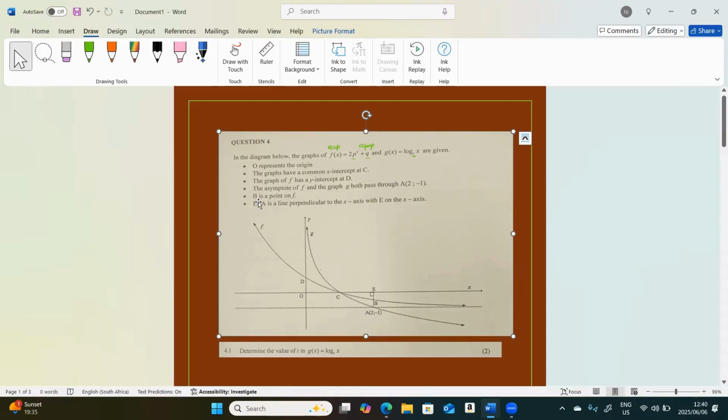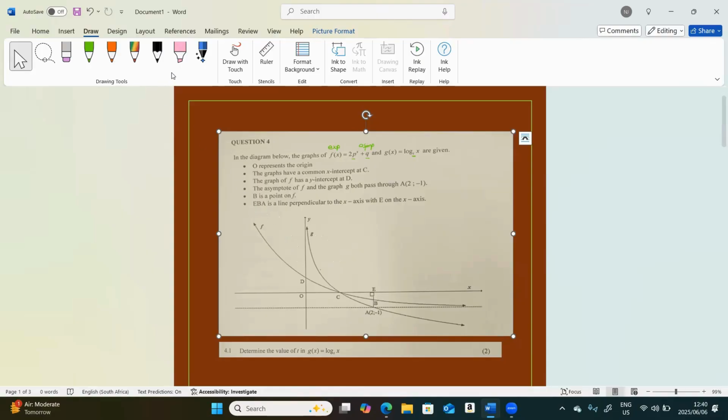Okay. Then they say B is a point on f. So when we follow f, we first had D, which is the y-intercept. And then we had C, which is the x-intercept. And then when we go down, we would find here is B, which is a point on f, other than the two intercepts.